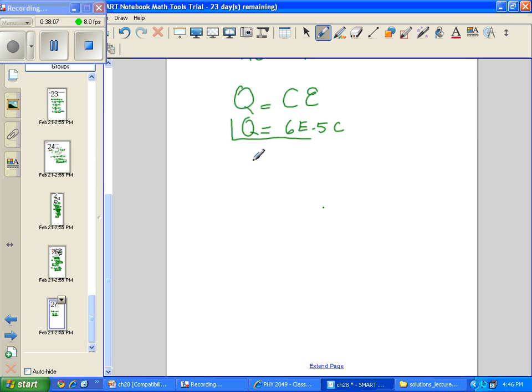Next, we're asked to determine the charge and the current as a function of time. Well, Q as a function of time equals Q max. We know now what the value of Q max is. And if you recall, it's 1 minus e to the minus t over RC.